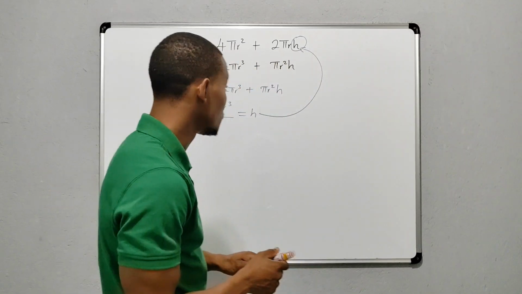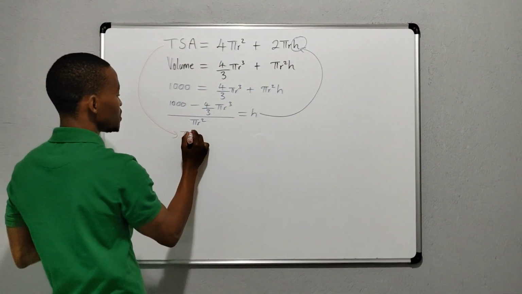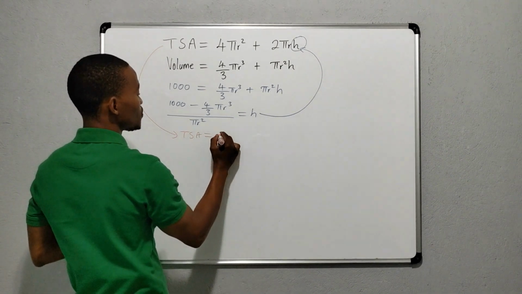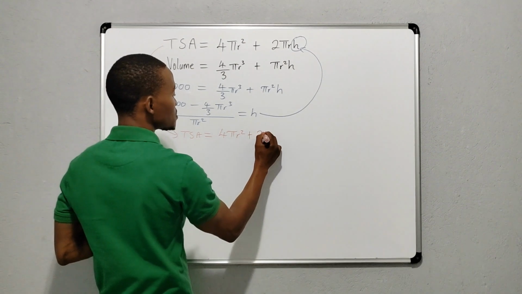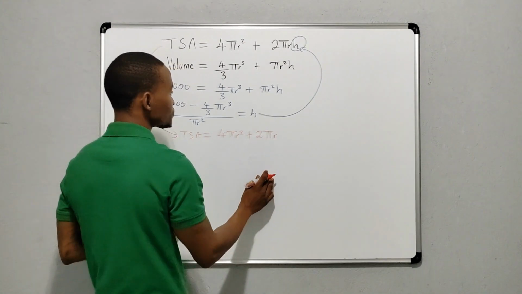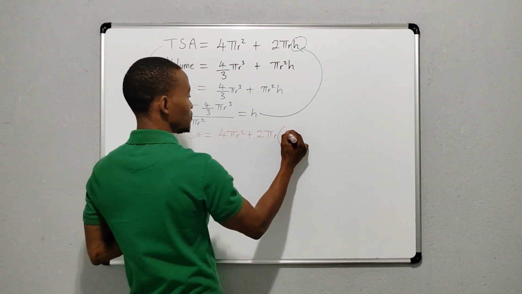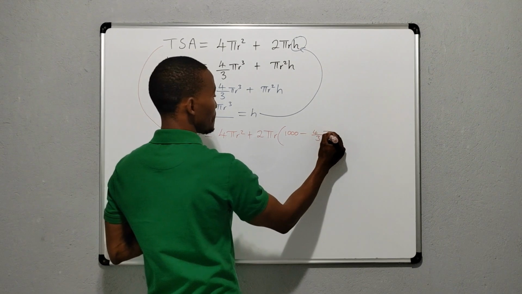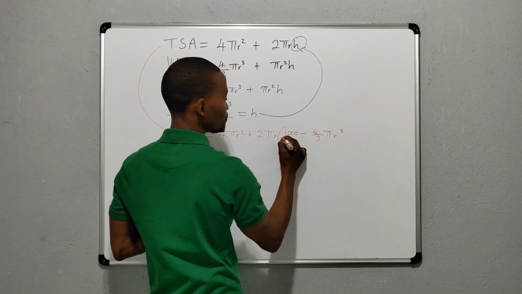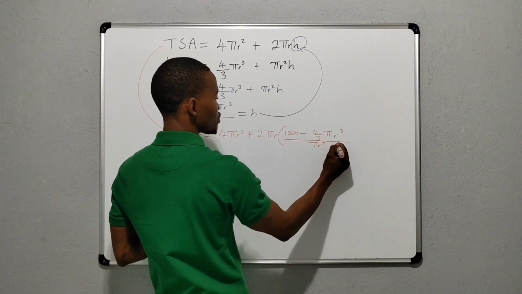So now we are going to have this TSA is now equal to 4 pi r squared plus 2 pi r times h, where h now is 1,000 minus 4 over 3 pi r cubed, all over pi r squared.